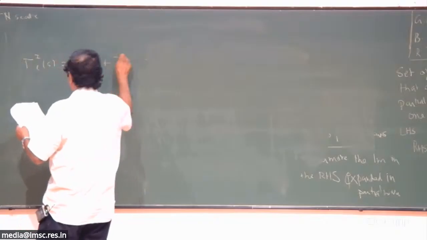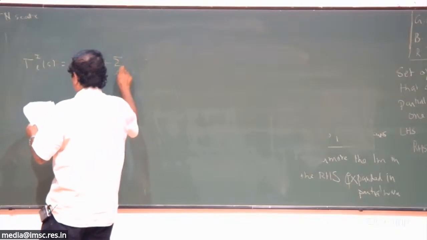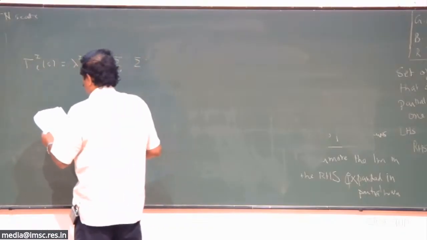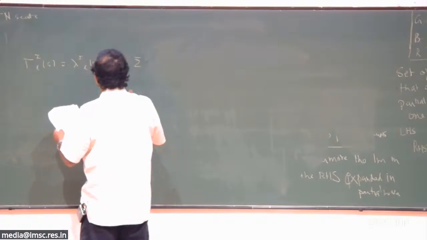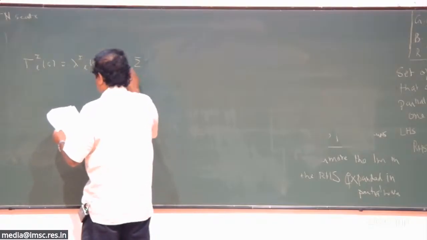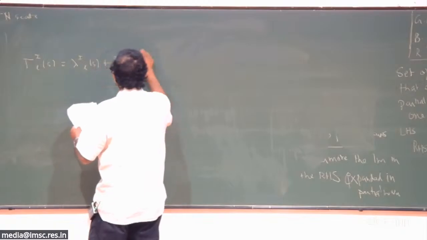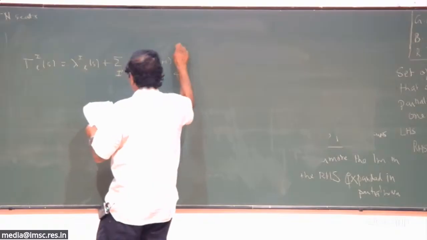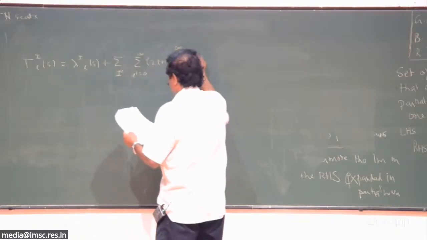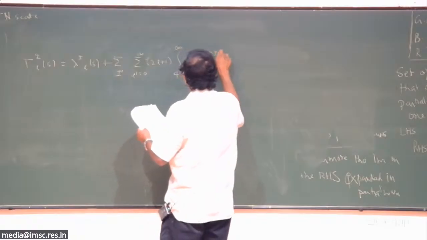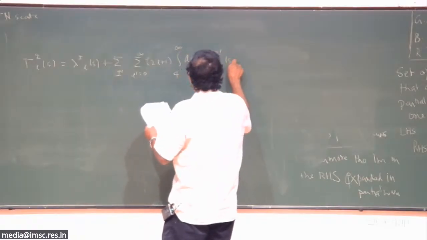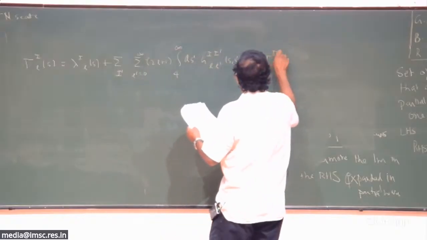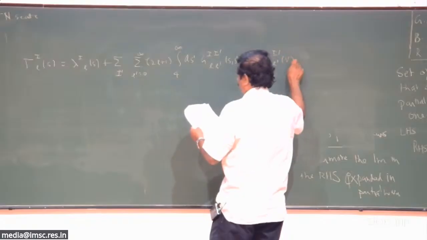G of s, sigma over I prime, sigma over L prime, 0 to infinity, 2L plus 1 times the integral from 4 to infinity, ds prime, G_{II' LL' SS'}, imaginary part of delta_{I'L'}(s').